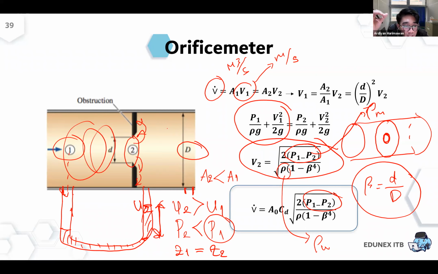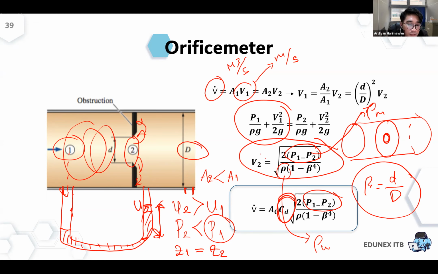Same like sudden reduction, sudden contraction. It will have turbulence and it will have friction. So in real condition, we will have additional energy loss due to the turbulence. That's why you will need to take into account the correction factor as well.